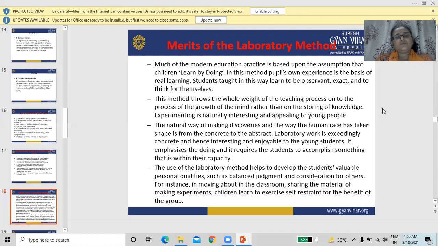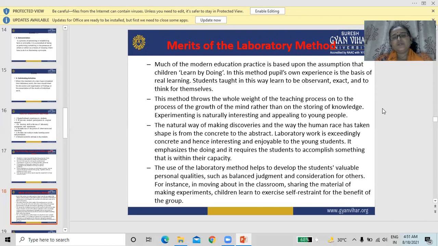This method throws the whole weight of the teaching process onto the process of the growth of the mind rather than on the storing of the knowledge.